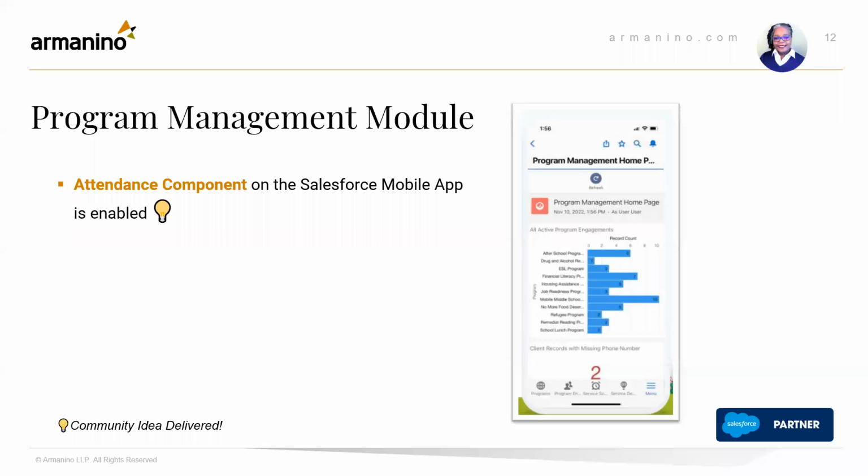This first enhancement being delivered is the ability to take attendance live and in session from a mobile device. This eliminates the need to work after hours to enter data at a later time. This enhancement for the program management model is a delivered idea from the Idea Exchange community.